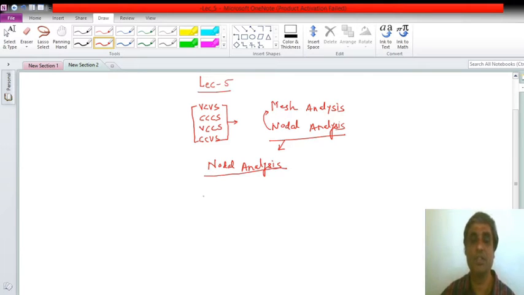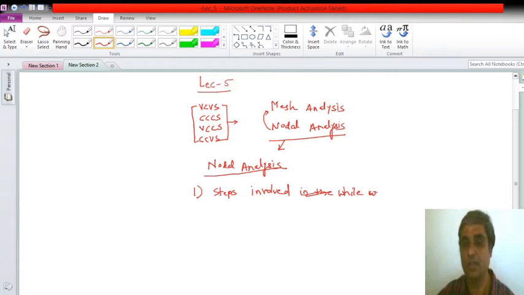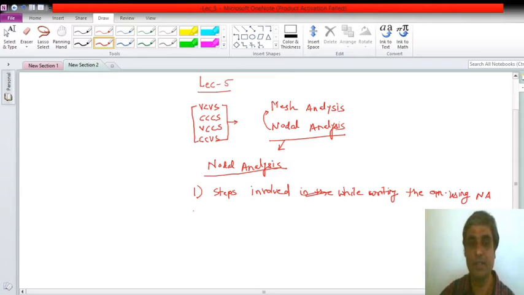So in this, what will we cover? First we will see the steps involved while writing the equations using nodal analysis, which I will write as NA. Then, once I know this, I will start with resistive networks with independent current sources.